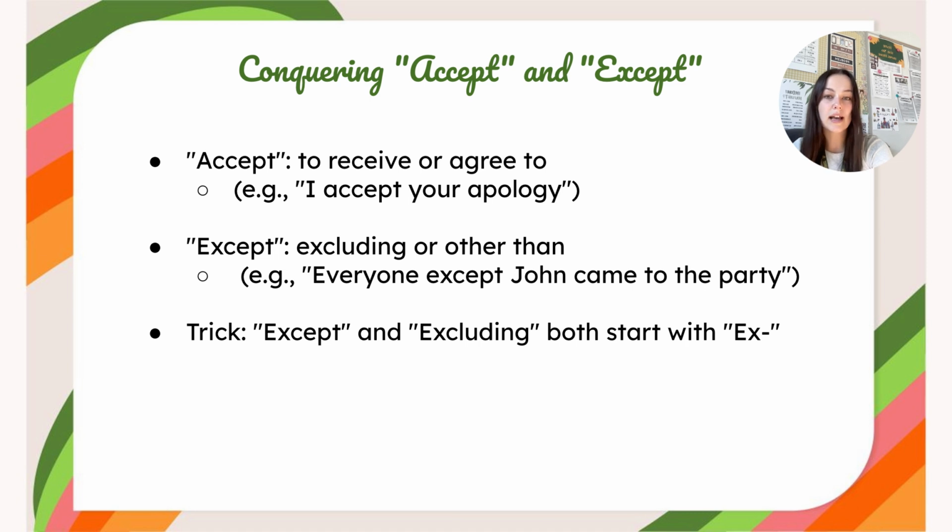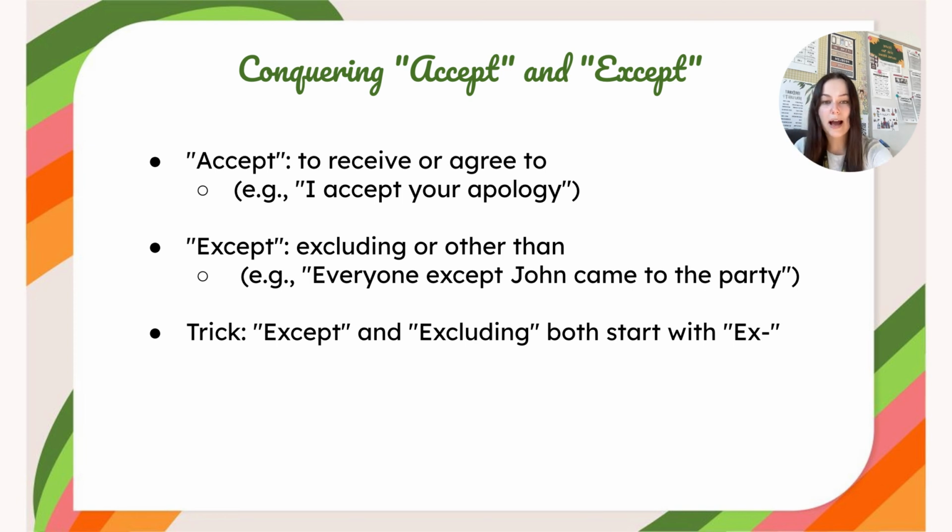Okay, so the trick, as I just mentioned, is that when it's EXCEPT, I match it to excluding. So EX, right, which means to not have there. To exclude something means to deny something or access, or to just not allow in, to be excluded.